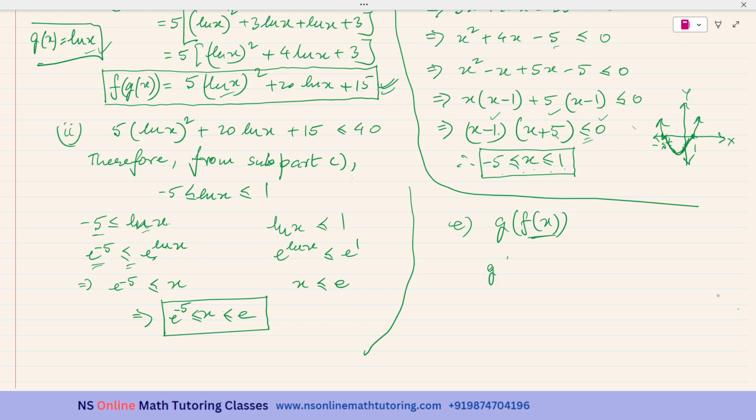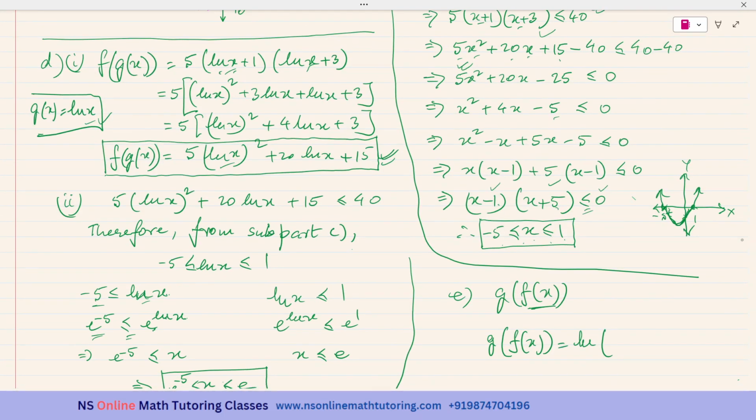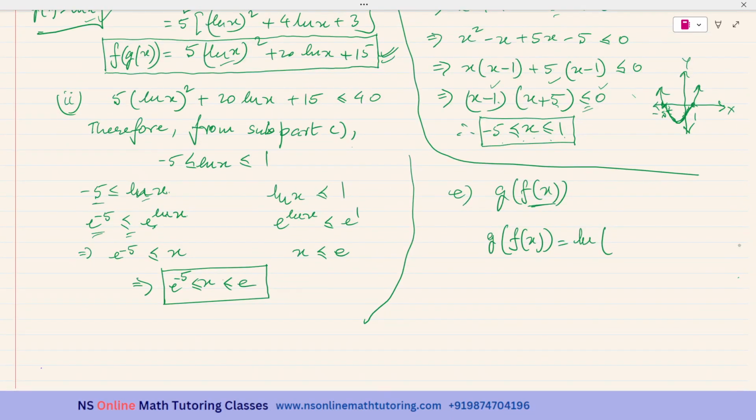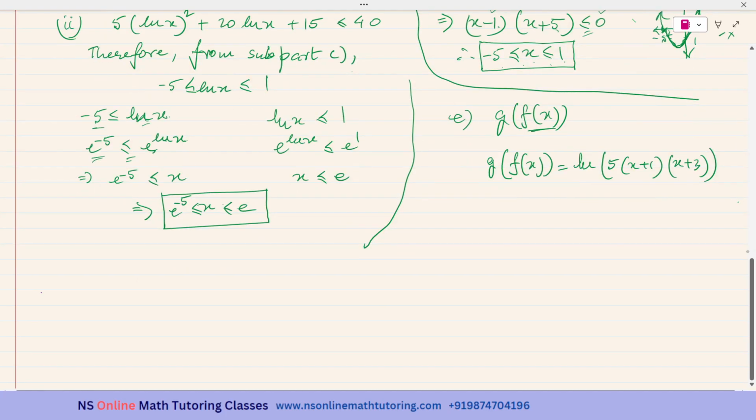So g of f of x should be equal to ln of f of x, and this is the expression for f of x, 5 times x plus 1 times x plus 3. Okay. So this is the expression for g of f of x.